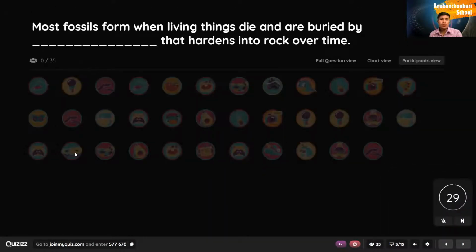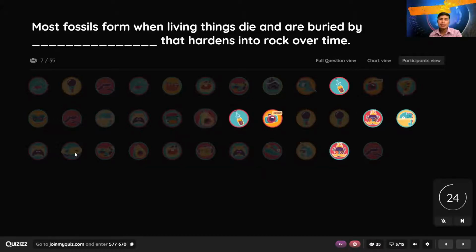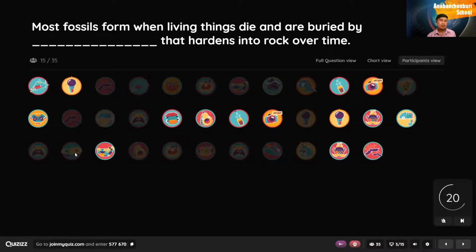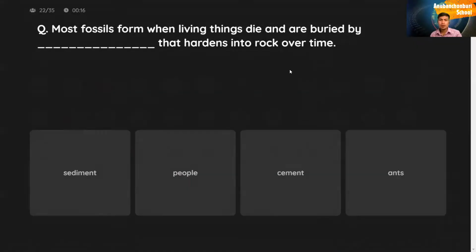Most fossils form when living things die and are buried by blank that hardens into rock over time. Easy. So easy.